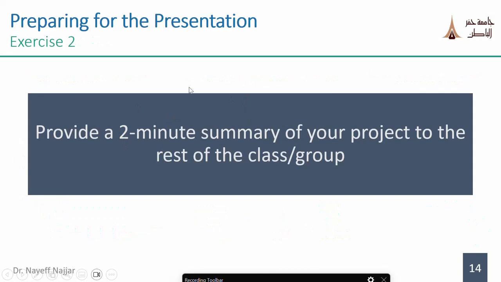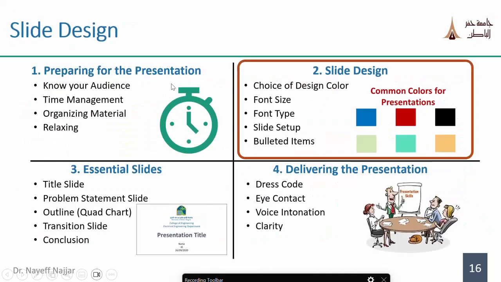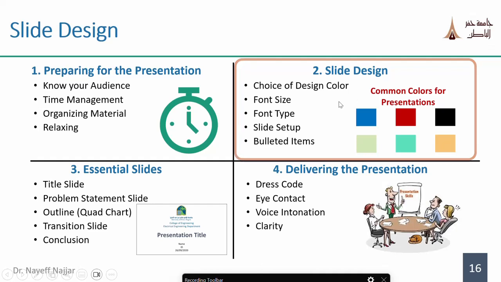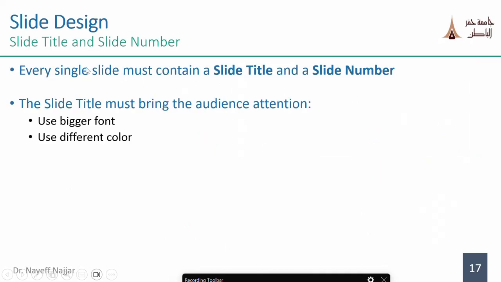So there are some exercises in the workshop itself, but let's delve now into slide design. I think this is a very important section. First of all, each slide must have a title and must have a slide number.